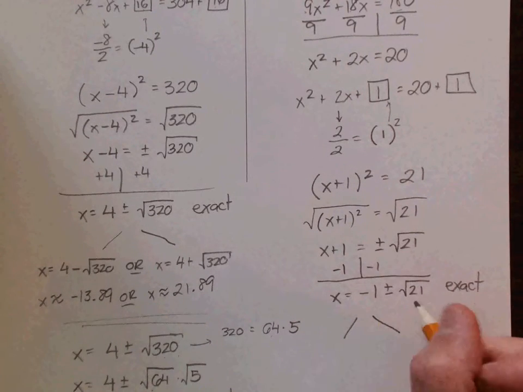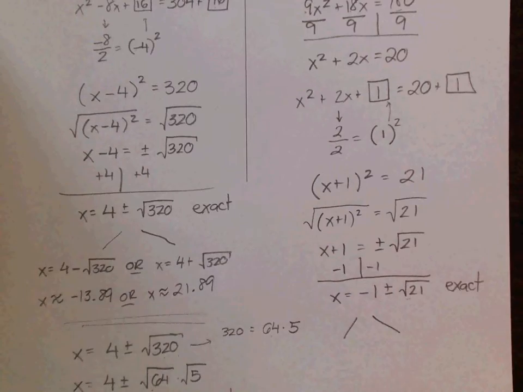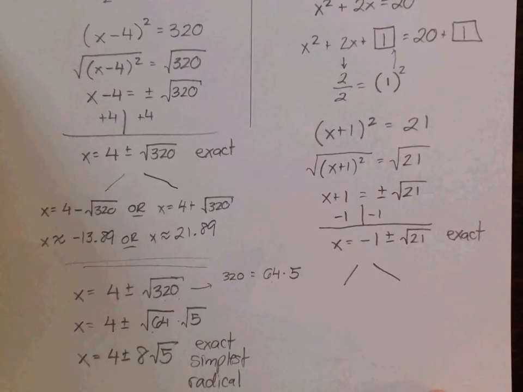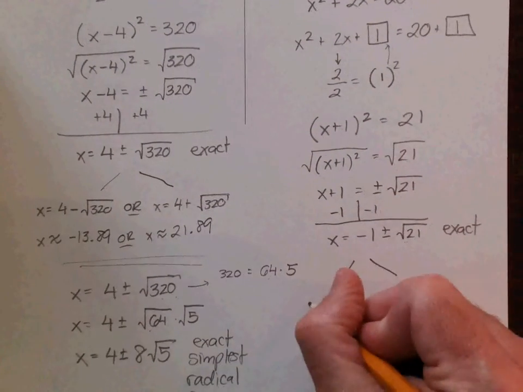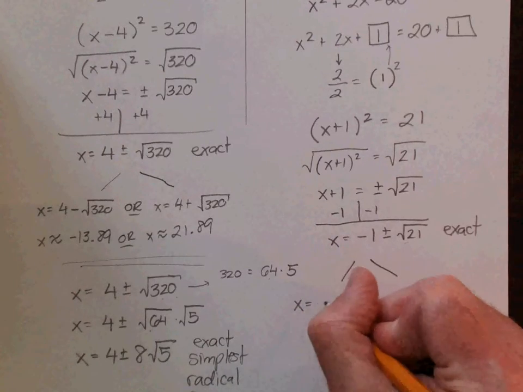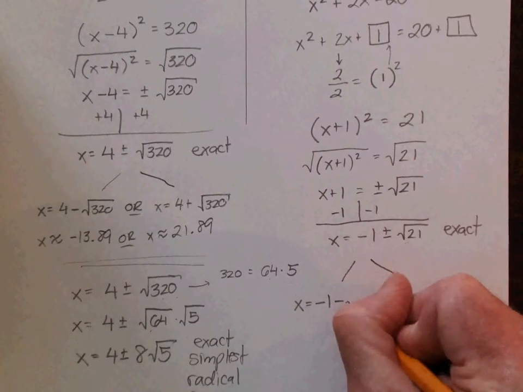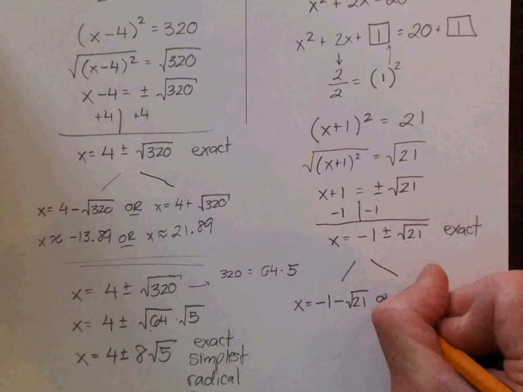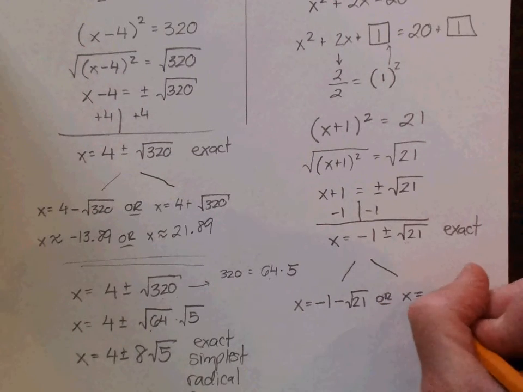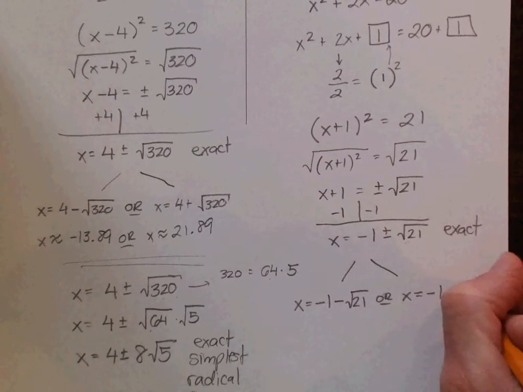By the way, the square root of 21 doesn't simplify because no perfect square other than 1 goes into it. I want to consider x is equal to negative 1 minus the square root of 21, or x is equal to negative 1 plus the square root of 21.